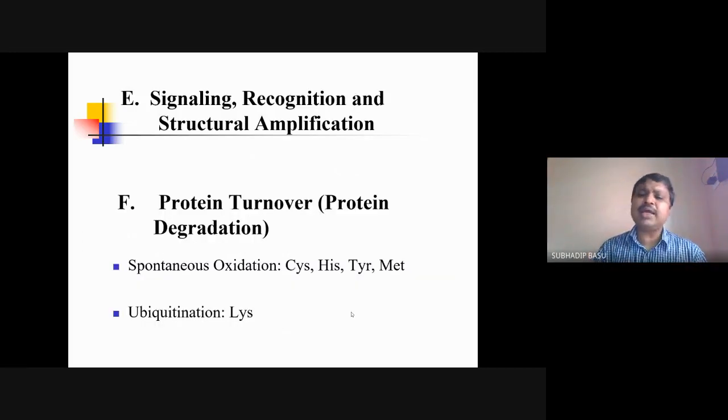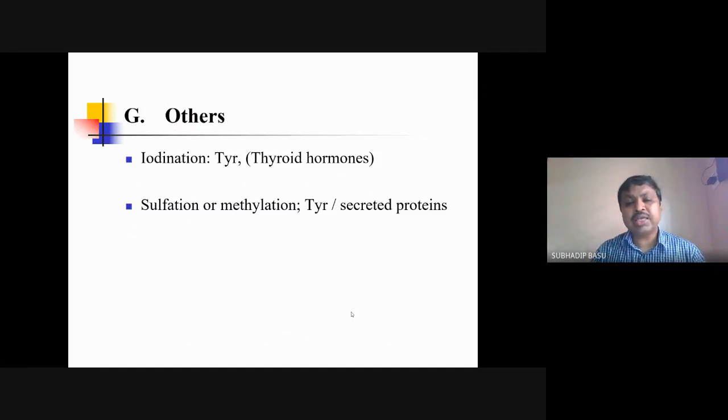Apart from that, there are many other different purposes like signaling, recognition, structural amplification, and protein turnover like protein degradation, like ubiquitination, and spontaneous oxidation, and others like iodination, sulfation, or methylation.